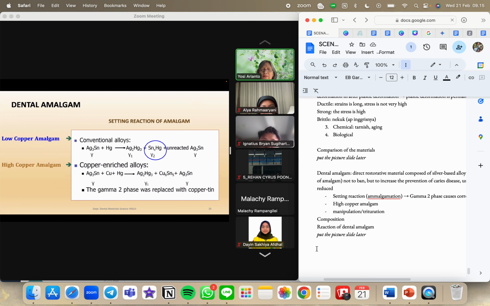This powder of silver, tin, and mercury, we just mix it, and then when the reaction happens, it will show the gamma 1 and the gamma 2.